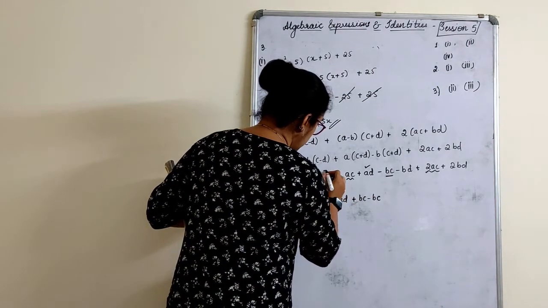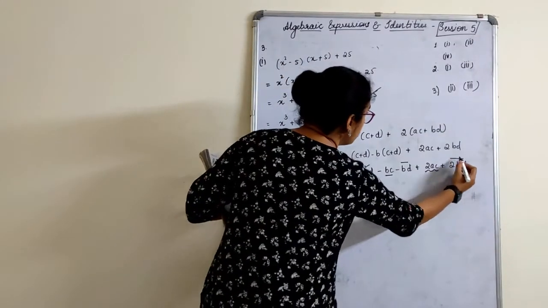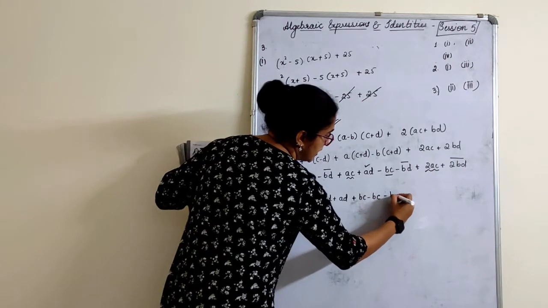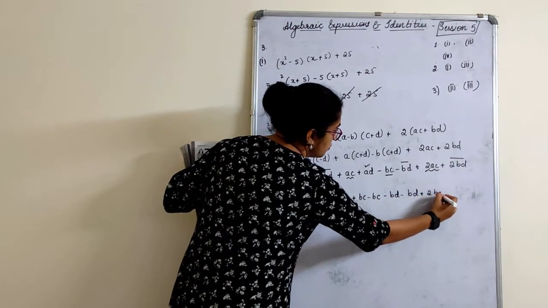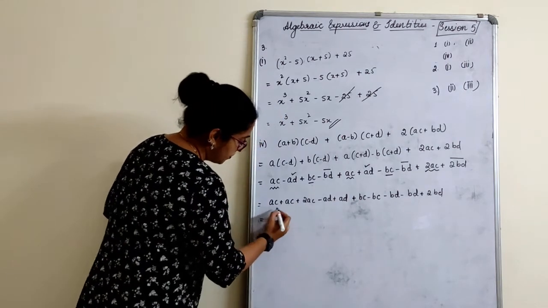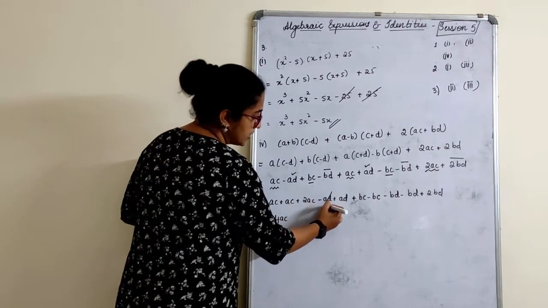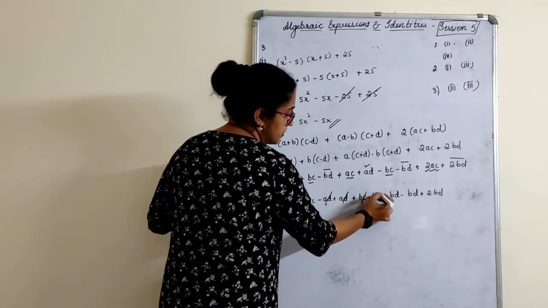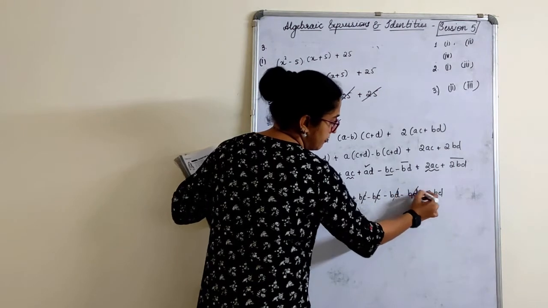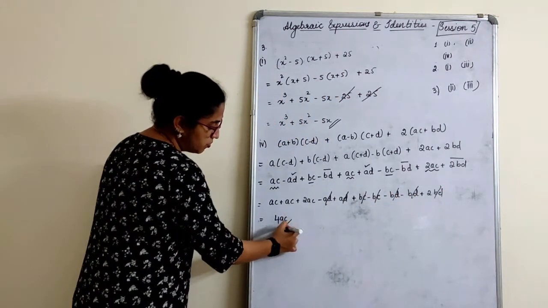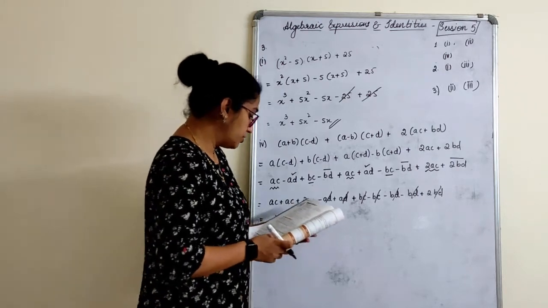So minus bd minus bd plus 2bd. 2, 3, 4: 4ac. Plus ad minus ad, plus bc minus bc, minus 2bd plus 2bd will get cancelled. Answer is only 4ac. Right? We'll move to the next sum.